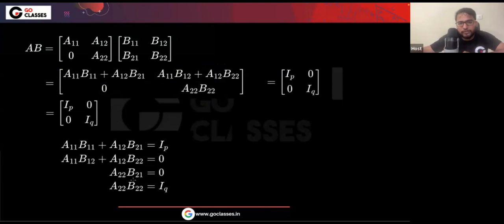A22, B21. Okay. A22 and B21. I think there is some typo. Let me just check. So this is A12, B21. That is okay. A11, B12 plus A12, B22 is 0. A22, B22 is IQ. Okay.